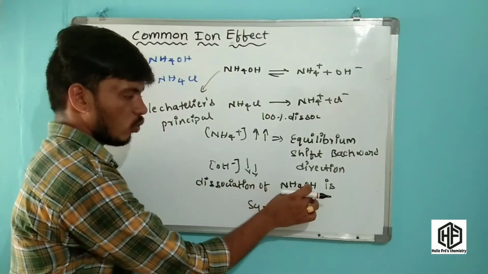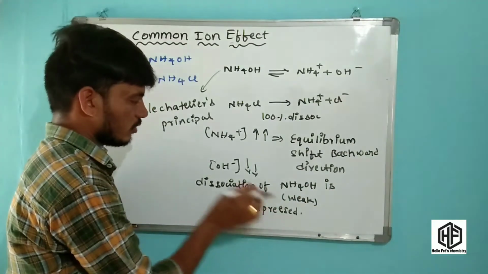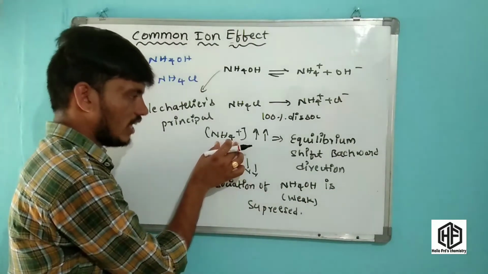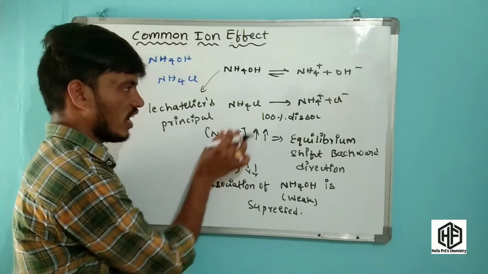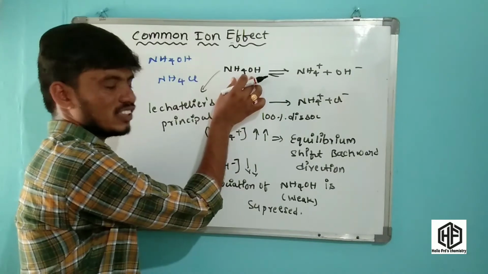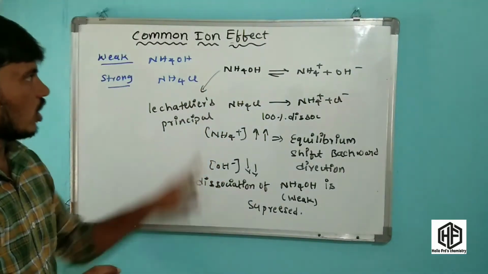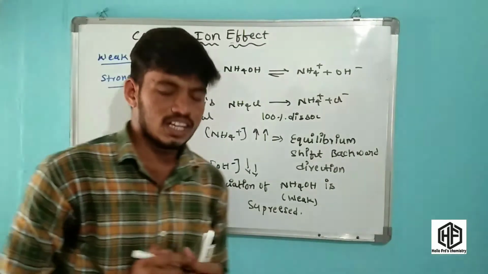The dissociation of NH4OH, the weak electrolyte, is suppressed because the NH4 plus ion concentration increases whenever NH4Cl solution is added to the weak electrolyte, that is the NH4OH. This concept is called the common ion effect. This is the common ion effect.